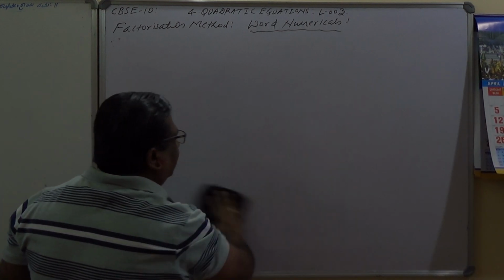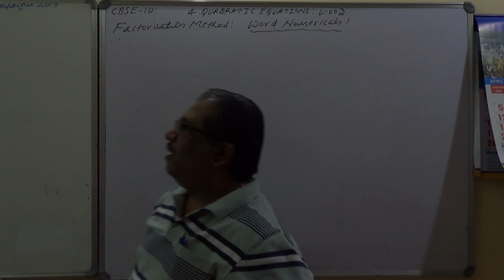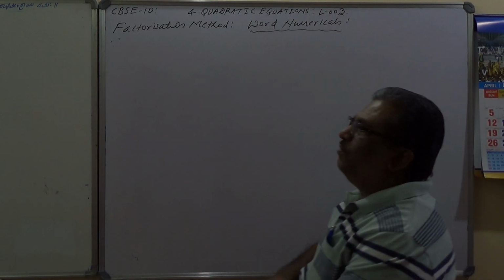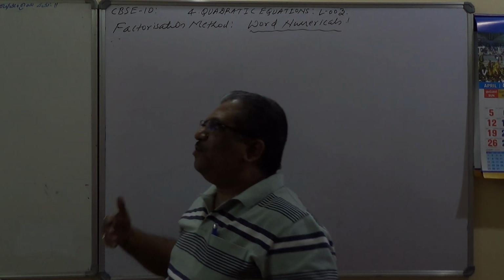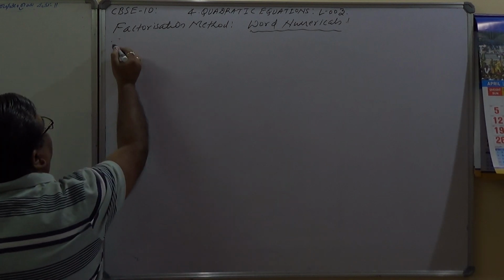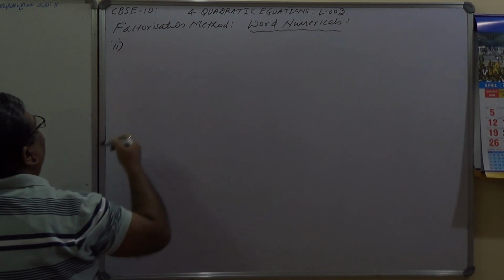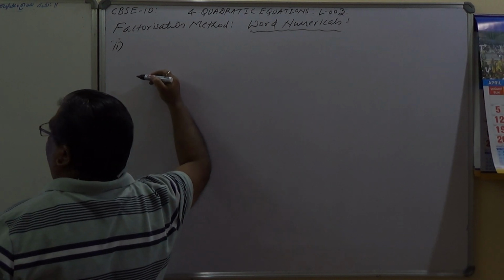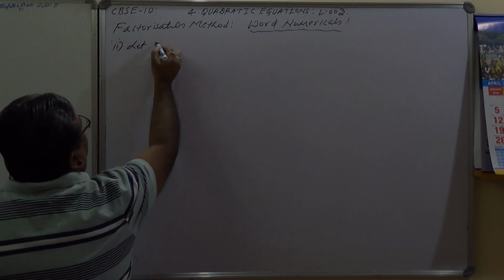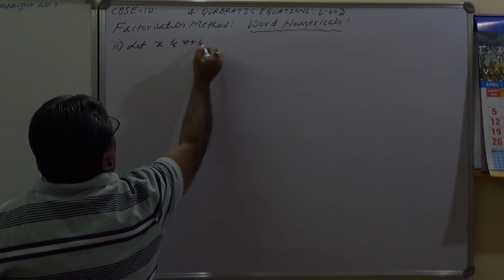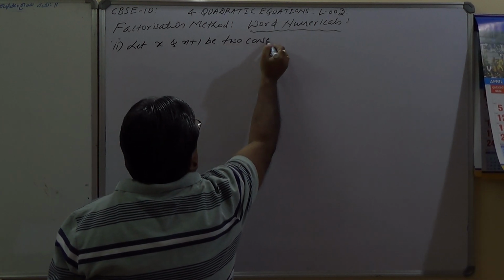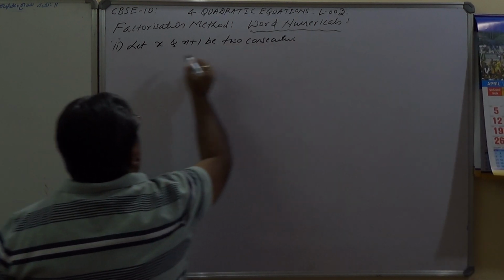The question goes like this. Let me read it for you. The product of two consecutive positive integers is 306. We need to find the integers. Let x and x plus 1 be two consecutive positive integers.